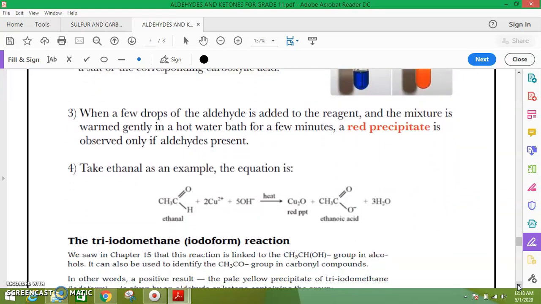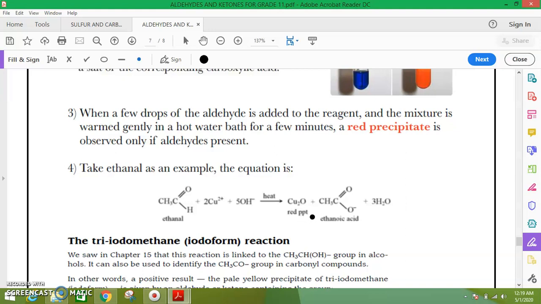Similarly here we will use ethanal as the example, with copper(II) ions. Because it's an alkaline solution, we will use any base, and heat the solution. The copper(II) ions and hydroxide ions together we call Fehling's solution. It's blue in color. When you heat the solution, you will get Cu2O, copper(I) oxide.